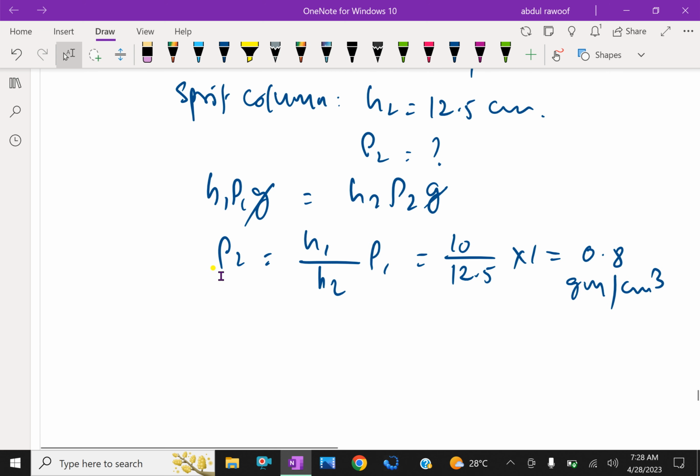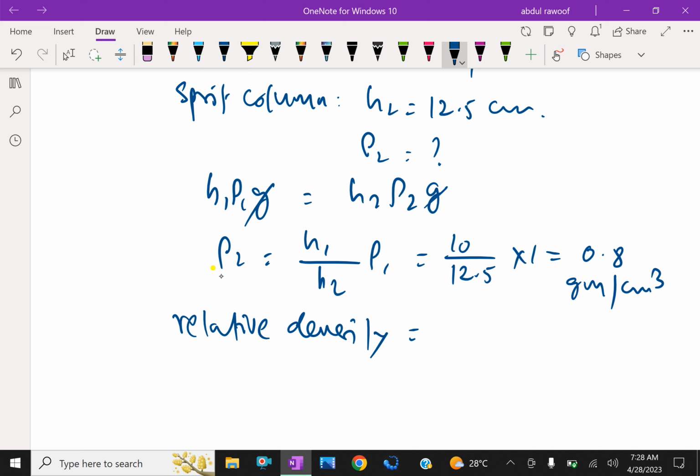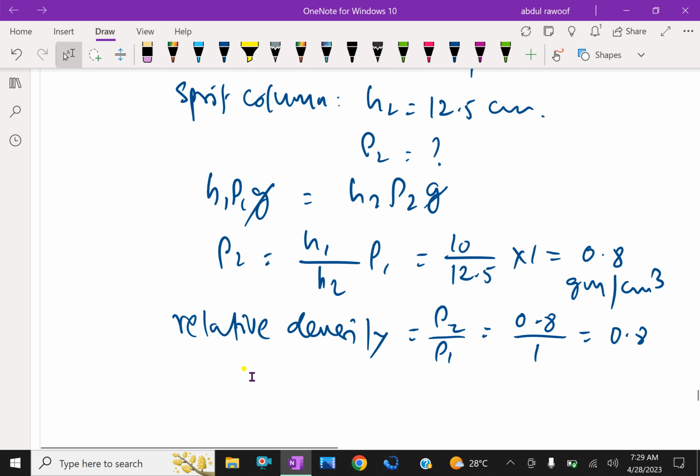Therefore, relative density is rho 2 over rho 1. Rho 2 is spirit, that is 0.8. Rho 1 is water, which is 1, so it is equal to 0.8. There is no unit for relative density. Next question.